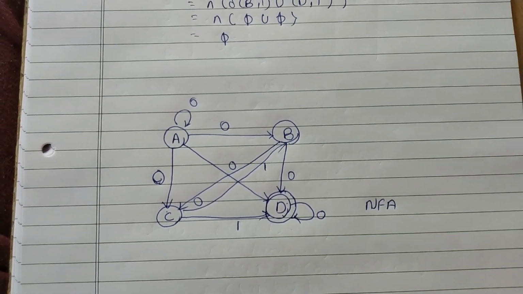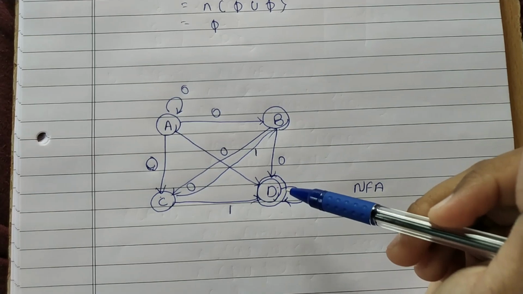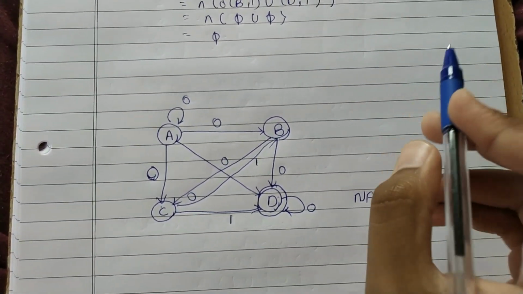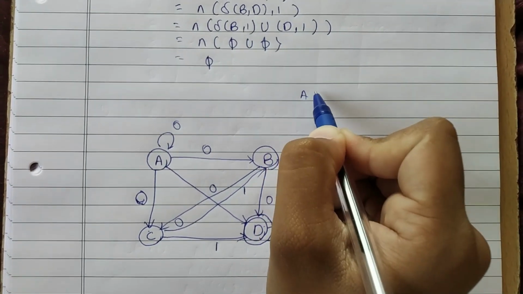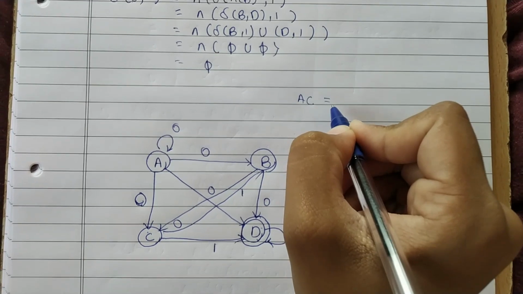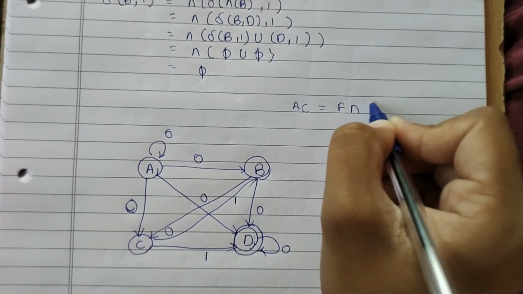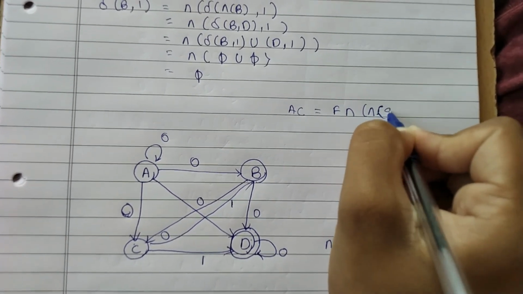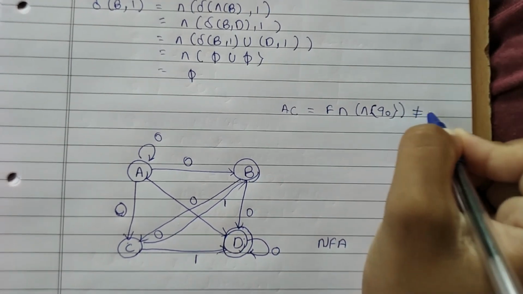Here is one more concept we are missing for finding the final state. D is the final state, but is any other state a final state or not? That's why there is one formula, the acceptance state, which I write here as AC in short. The acceptance state is the final state intersection with the null of the initial state, not equal to phi.